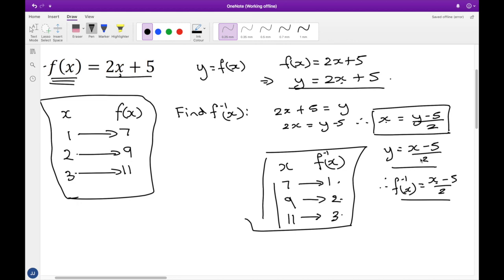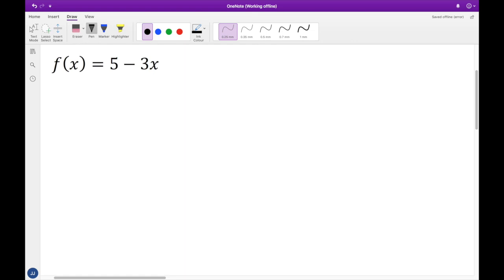Now let's try one more example of the inverse of a function. We have f of x is equal to 5 minus 3x, and I want the f inverse of x.